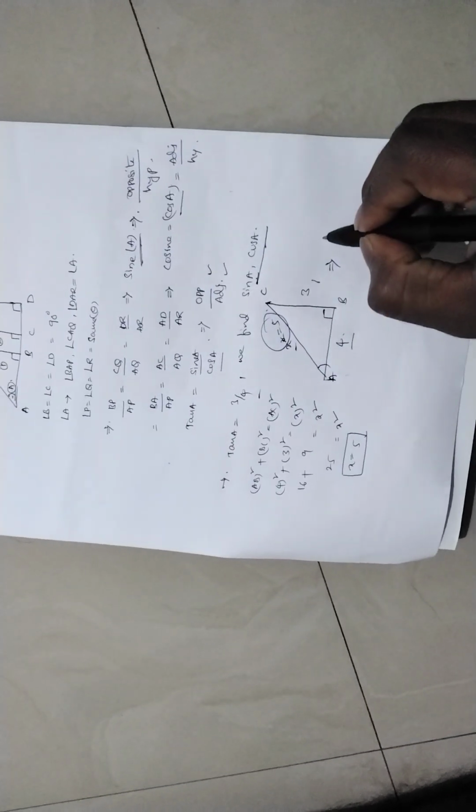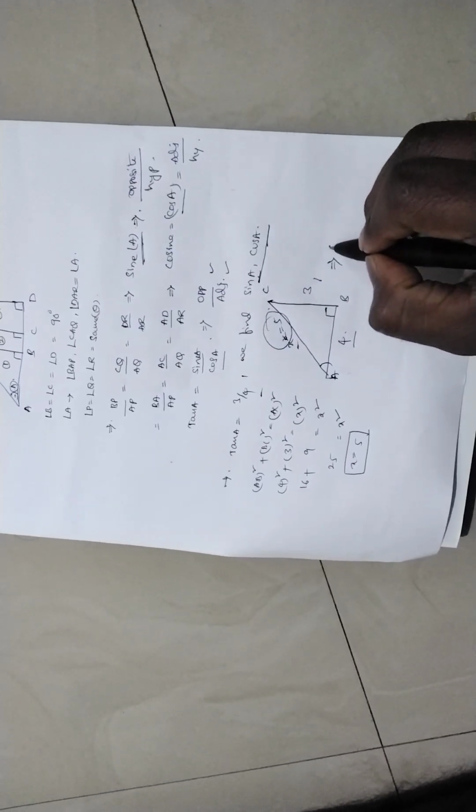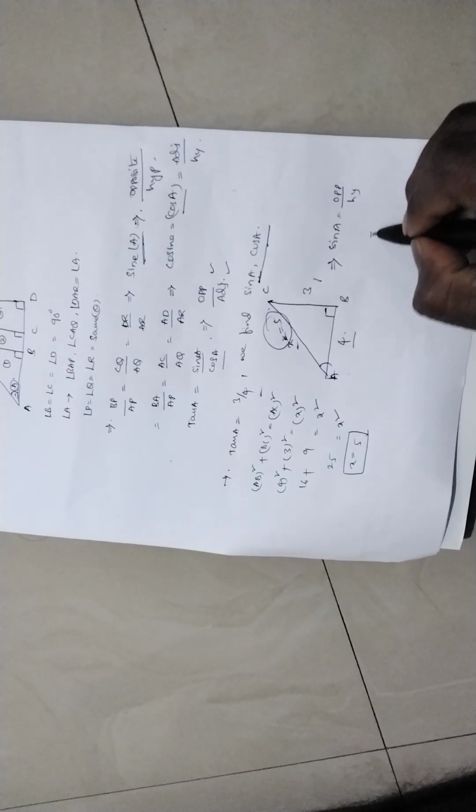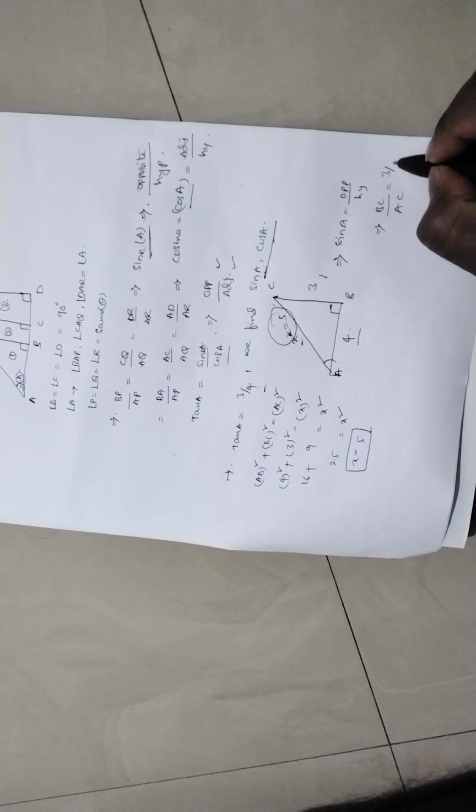Using this, the question asked was to find sin A and cos A. Sin A is opposite side by hypotenuse, which in this triangle is BC by AC. BC is given as 3, and AC we found as 5.